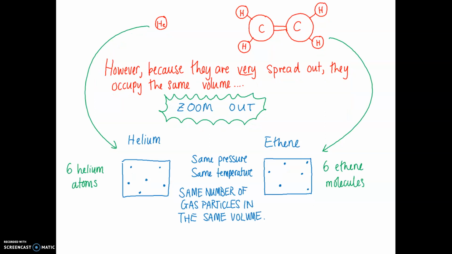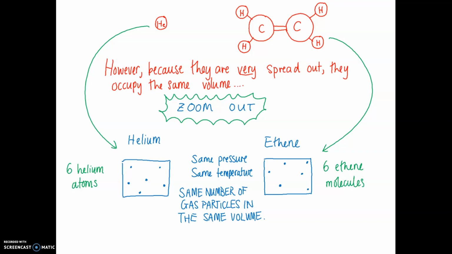So within boxes of the same size, you will have 6 helium atoms or 6 ethene molecules. Now, this only holds true so long as the gases are at the same pressure and the same temperature. Okay, if the temperature and pressure are different, then you can possibly have a different number of gas particles within a certain volume.